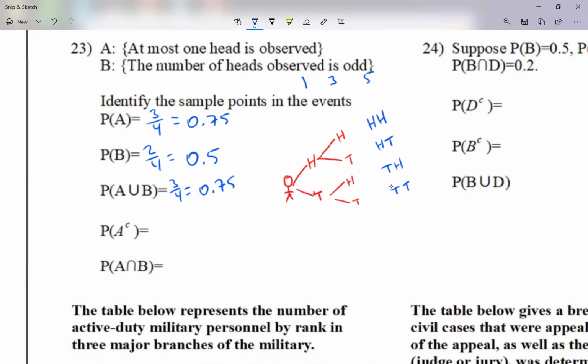Now the complement, we're gonna read the complement. Probability of A^C, that little c is complement. We know the probability of A is 0.75. So what's the probability that is not A?